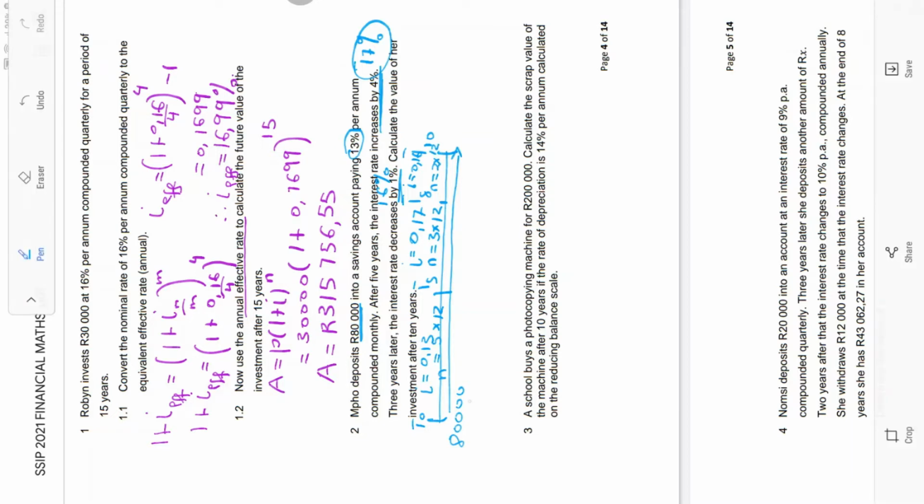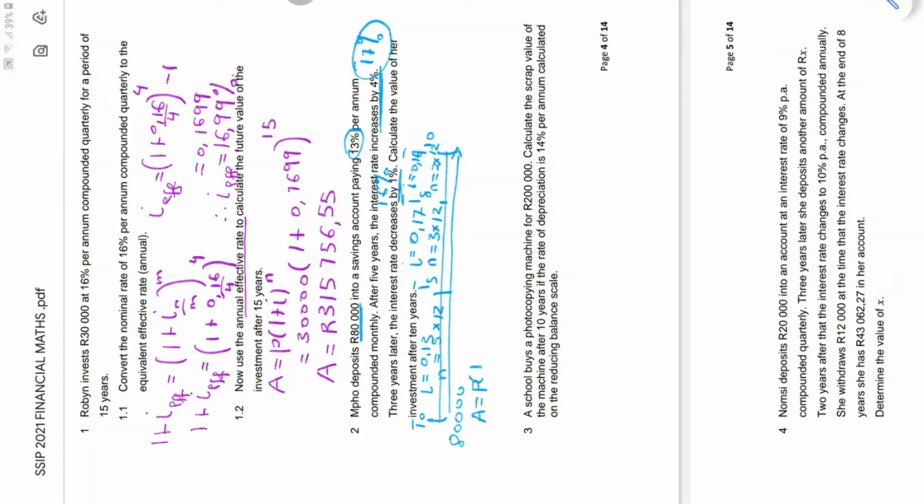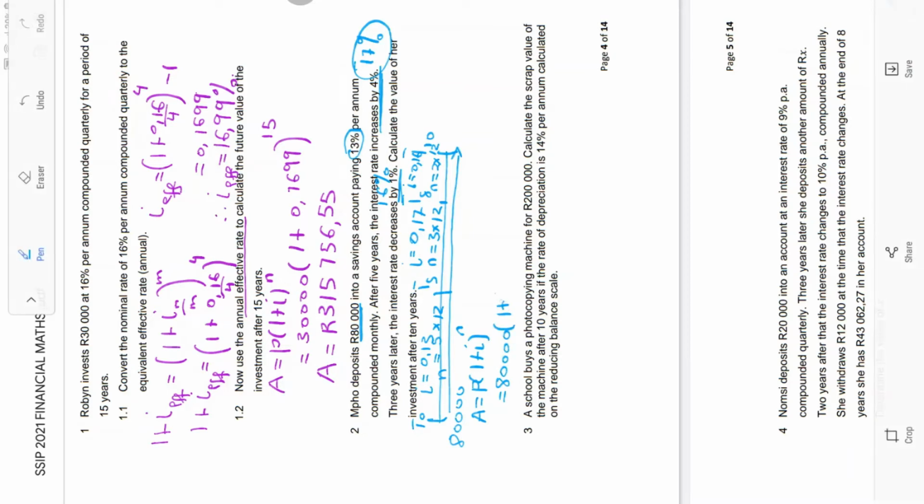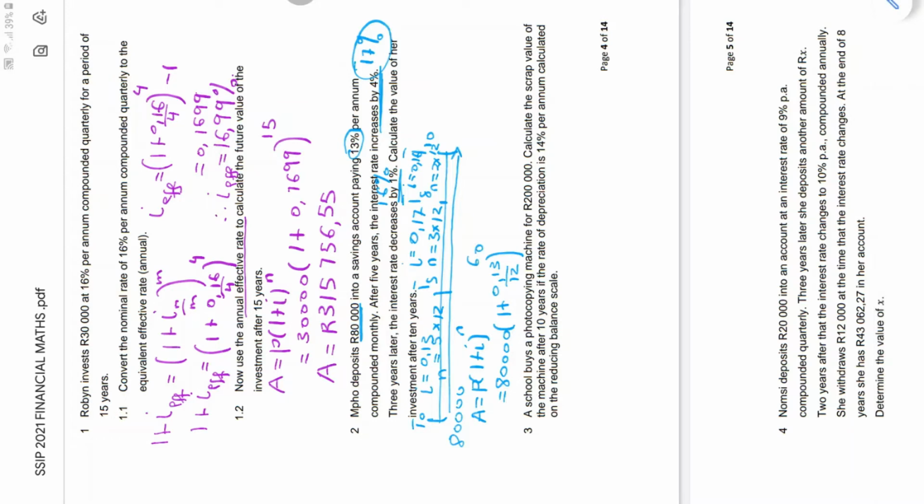Okay, so with the formula A equal to P brackets 1 plus I to the power N, our deposit is 80,000, which earns an interest of 13% compounded monthly for the first 5 times 12 months, which is 60 months.